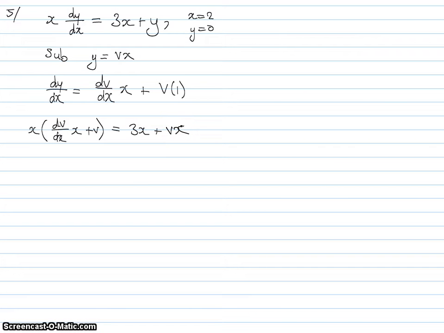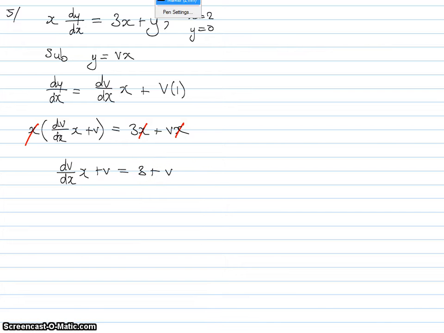If I look at this, I can see that I have x's in all of my expressions, so I can cancel these out. Now I have dv by dx times x plus v is equal to 3 plus v.